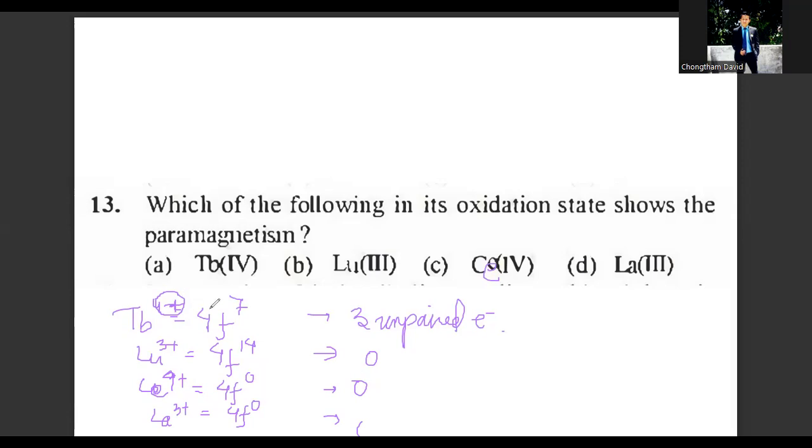So in this case, terbium would show paramagnetism in its oxidation state, as it has an f7 configuration. It has unpaired electrons. Since there are unpaired electrons, it would show paramagnetism. Clear? Let's read question number 14.